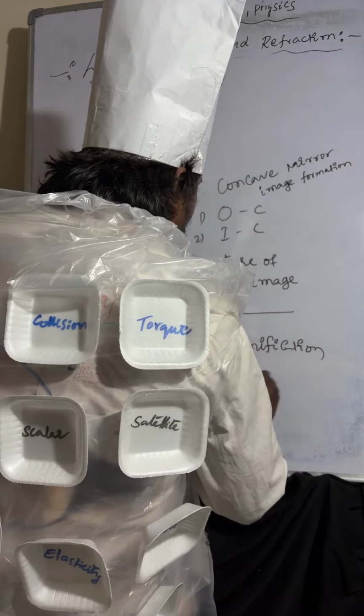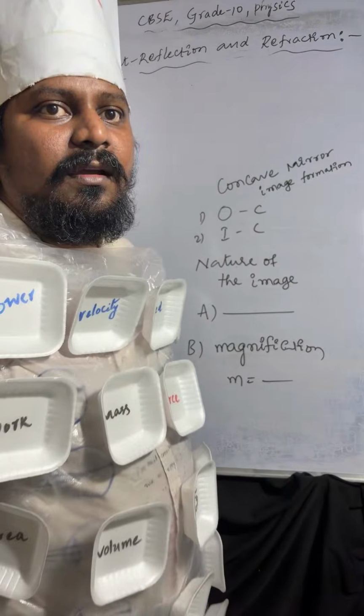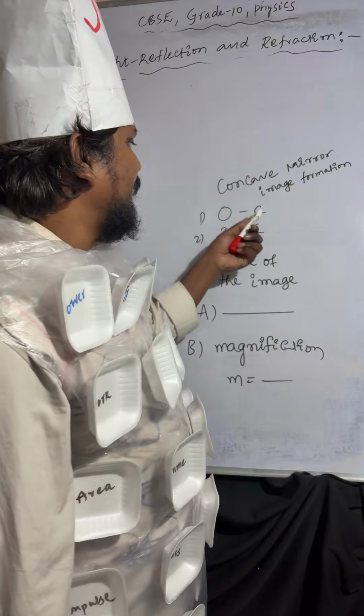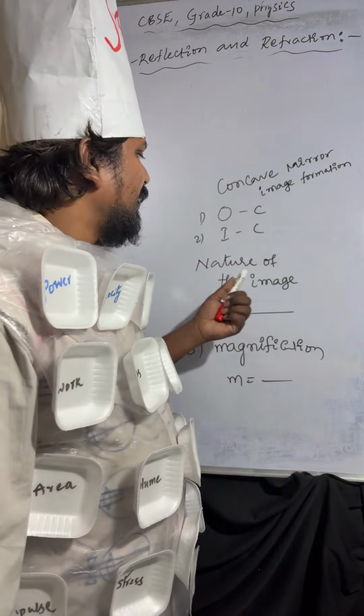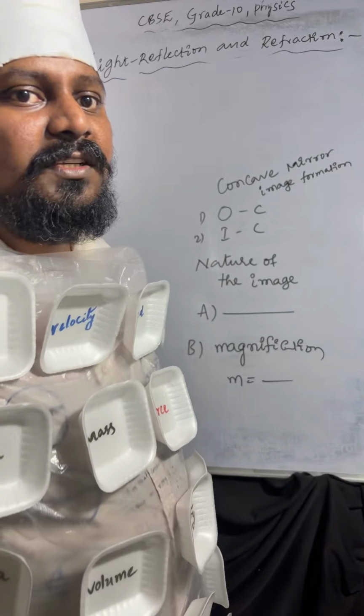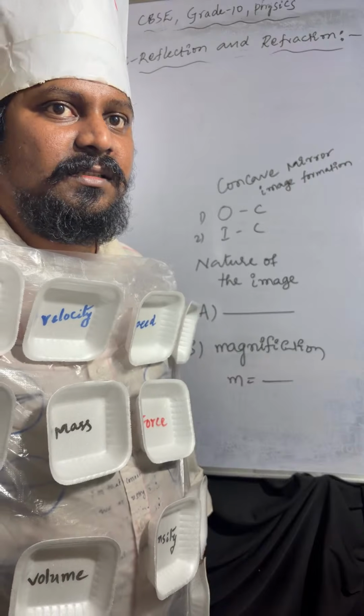Concave mirror, object is placed at C, image also will form at C. What is the nature of the image, and magnification of the mirror? Answer these questions.